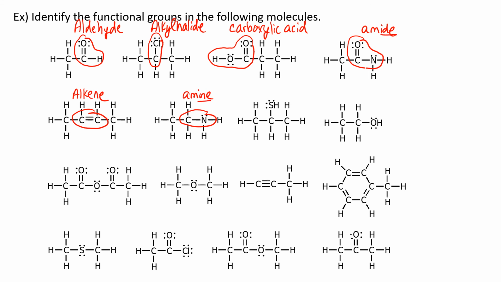Amides have carbonyls. Amines, no carbonyl. So you can think of the N in amine, that stands for no carbonyl. Not really, but you can think of it like that. Next, we have a carbon connected to an SH, that's a thiol. We have a carbon connected to an OH, that's an alcohol.